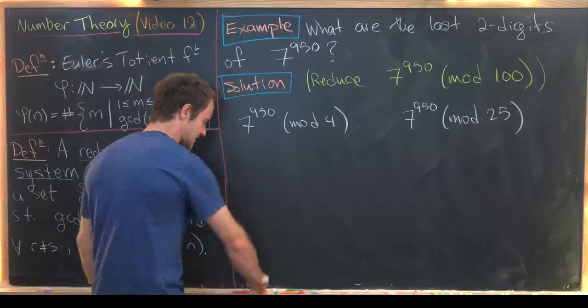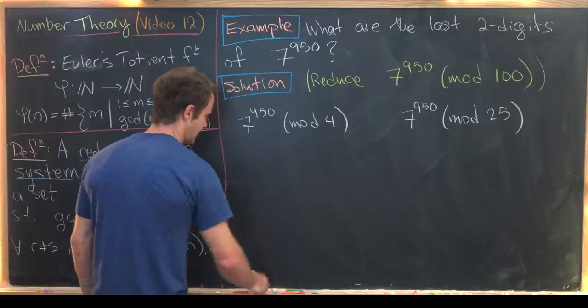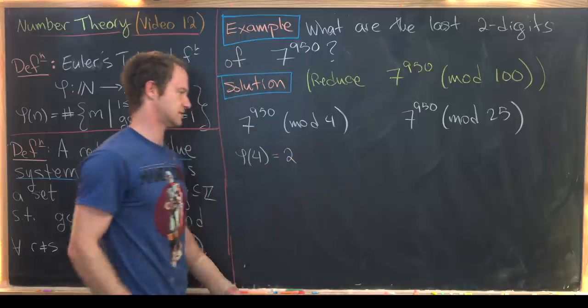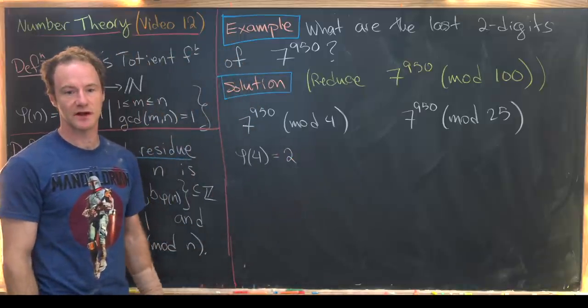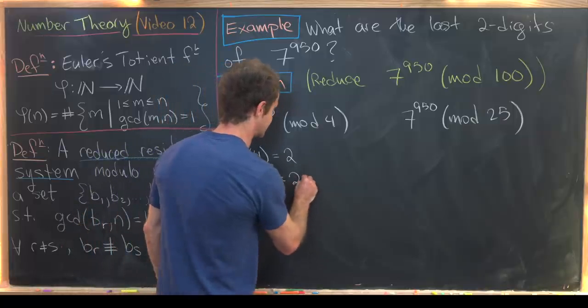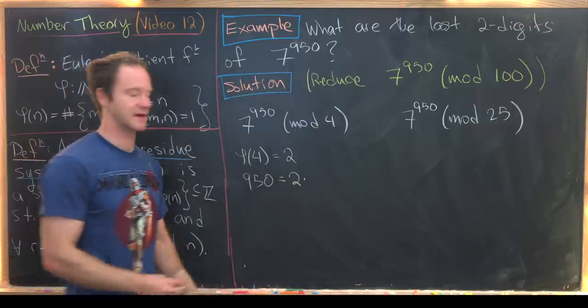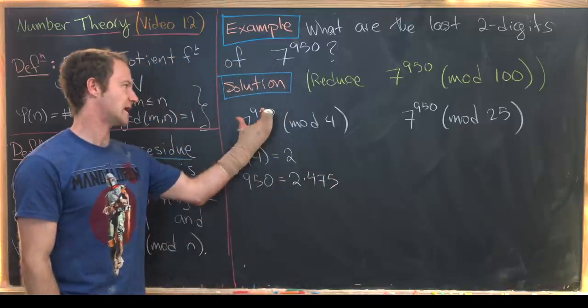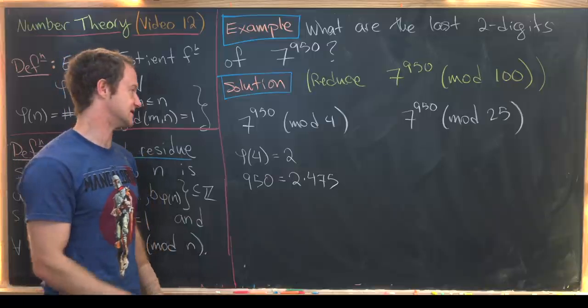Okay, well, let's first notice that phi of 4 is equal to 2. So that's pretty obvious, right? And then also that 950 is equal to 2 times something. And that something is 475. Well, it's obviously a multiple of 2 because it ends in a 0.